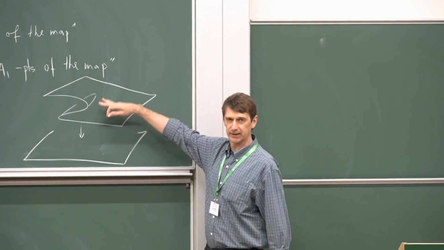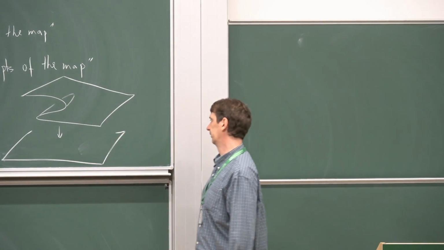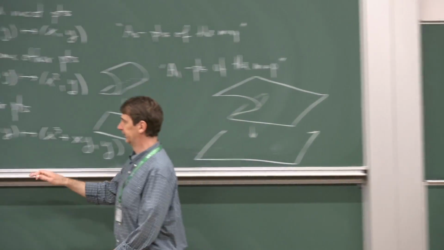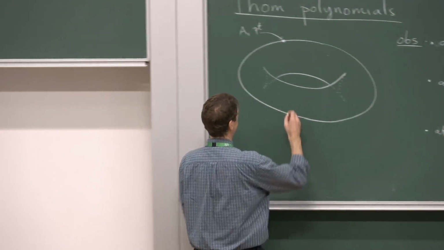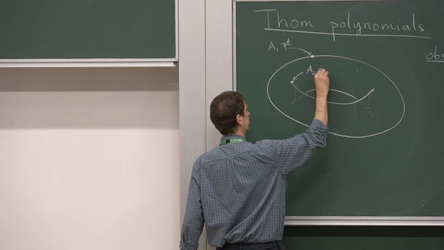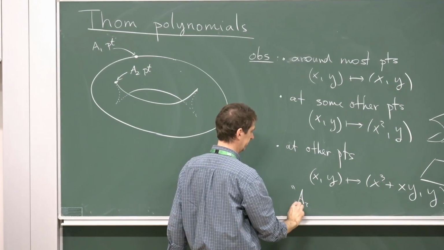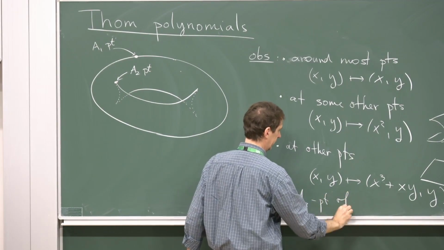You are projecting this half-folded piece of paper down to the plane, and that's what you see at 4 points of this map. So this is an A1 point, sorry, an A2 point. Yeah, you can guess that this is what I want to call an A2 point of the map.